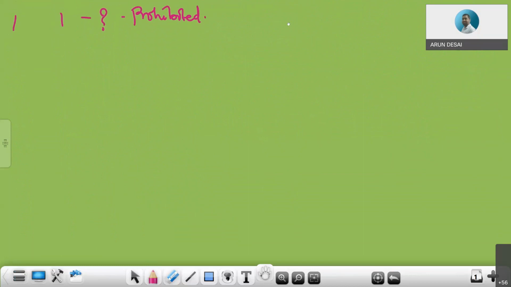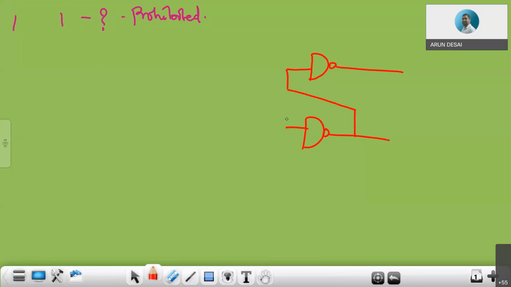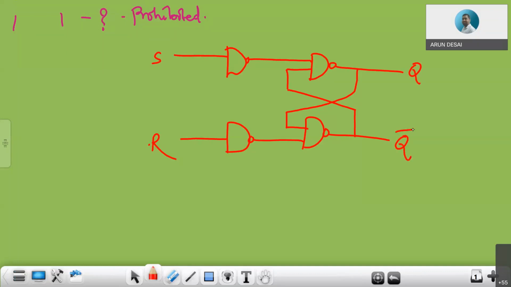Next is the clocked SR flip-flop. So this is my latch, with S input, R input, Q and Q bar. Now, what is a clocked SR flip-flop?